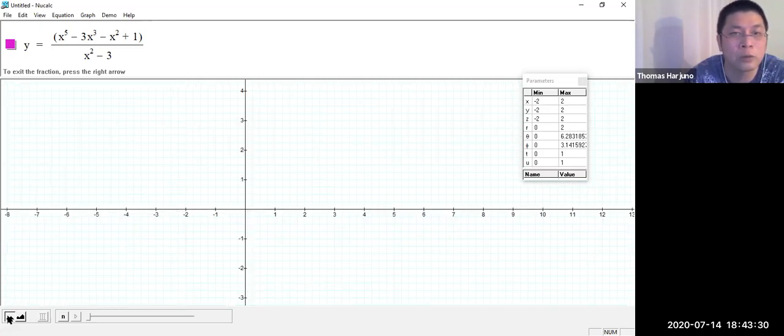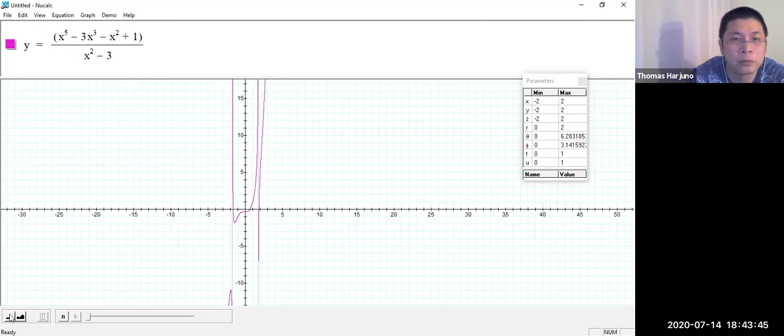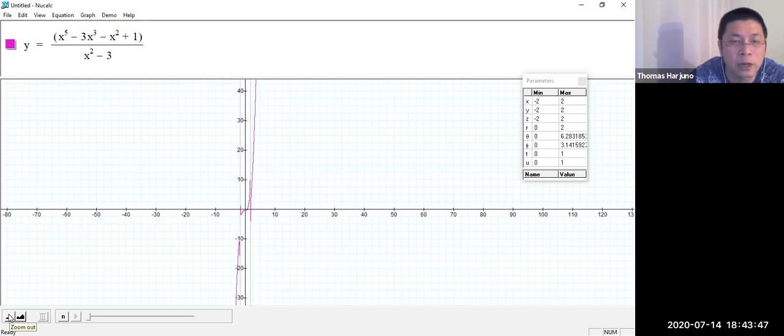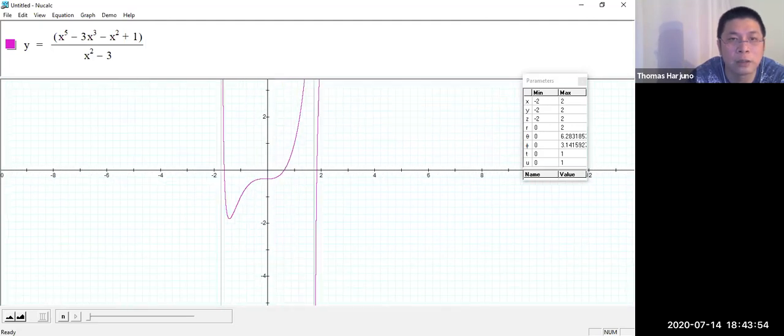Okay, let me zoom it out. Press enter. That's what the graph looks like. Let me zoom it further out. So you see something down there? Okay. Maybe I zoom it in there so that we can see that.